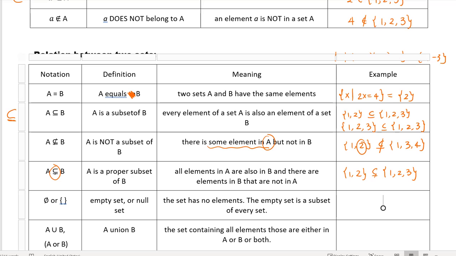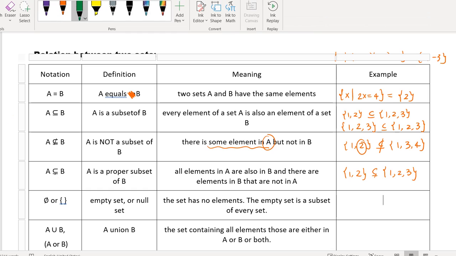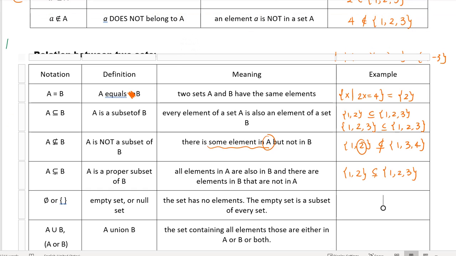Okay. We can also use some analogy about this. Think about numbers. Like 2 equals 2, right? They're equal. This guy is like less than or equal. So 1 is less than or equal to 2, but 2 is also less than or equal to 2.